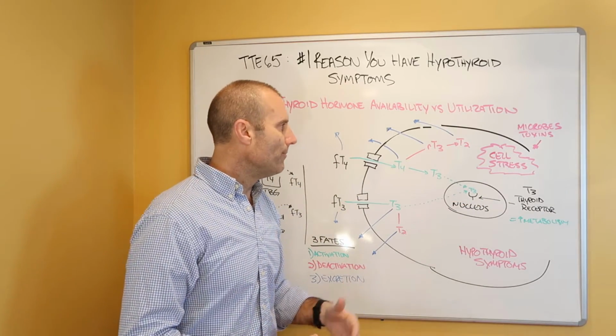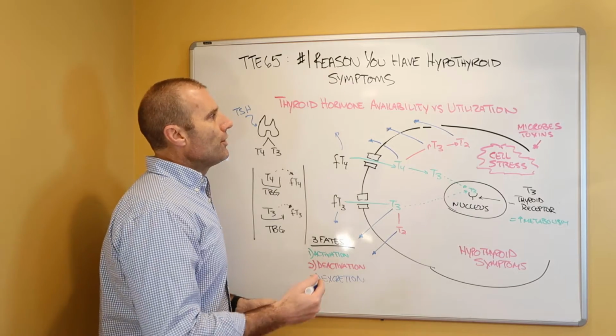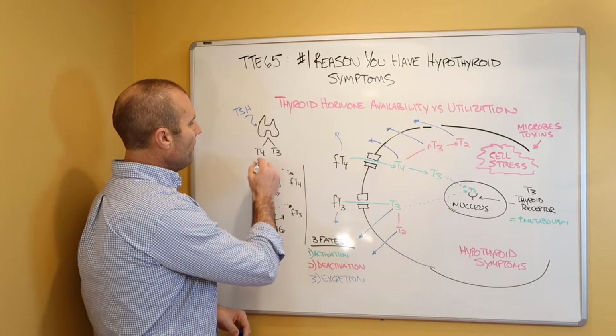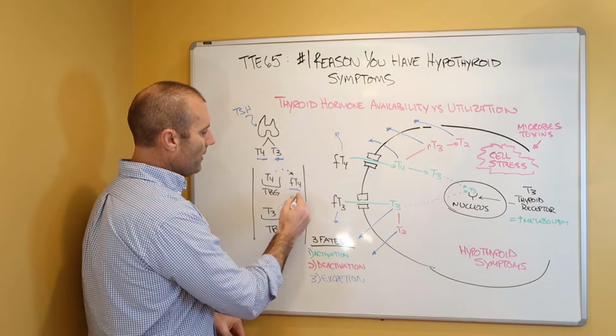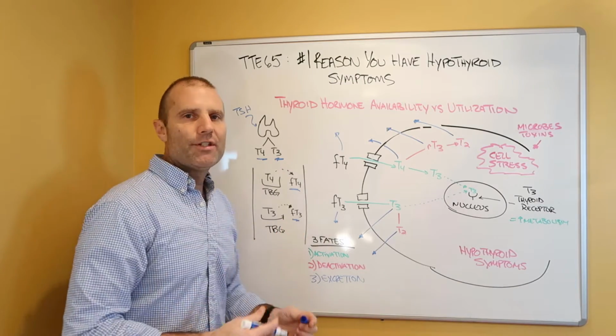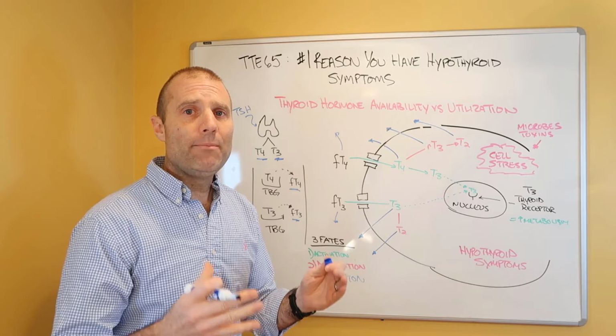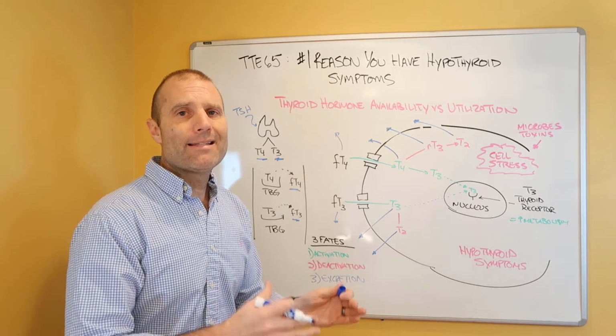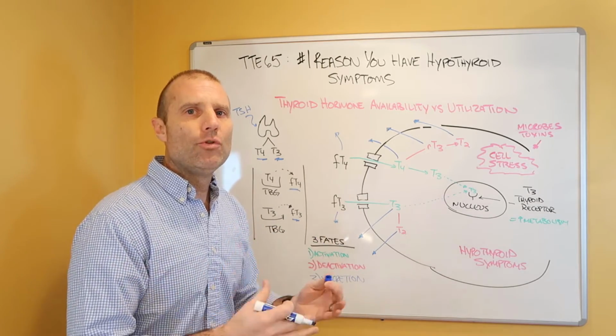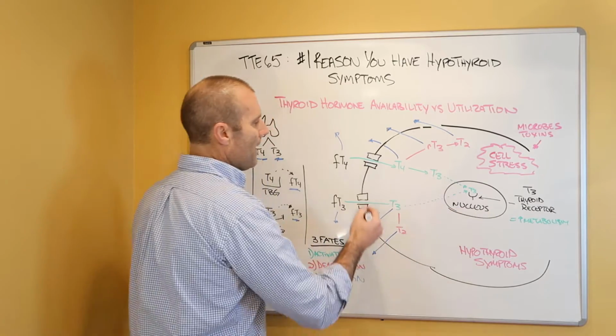So when your doctor says you have plenty of T4 and T3, free T4 and free T3, they're saying you have plenty of thyroid hormone available, which may be true, but it doesn't necessarily mean it's being utilized to stimulate metabolism.